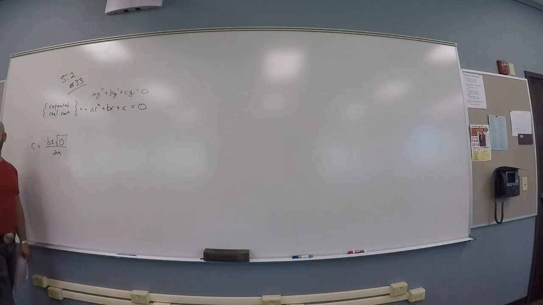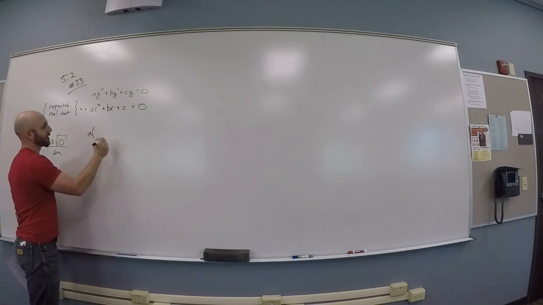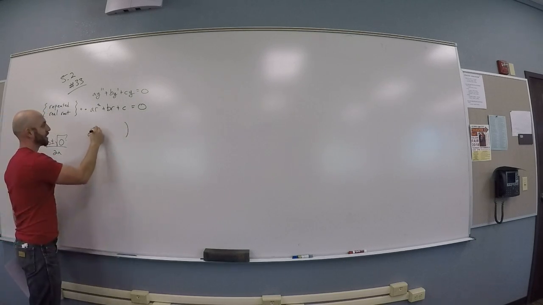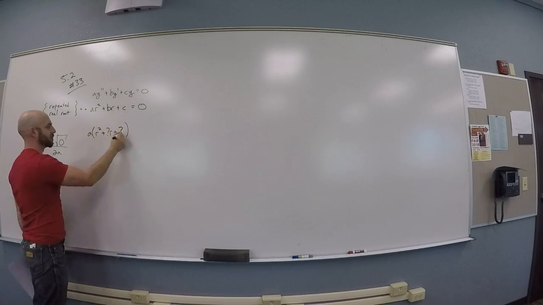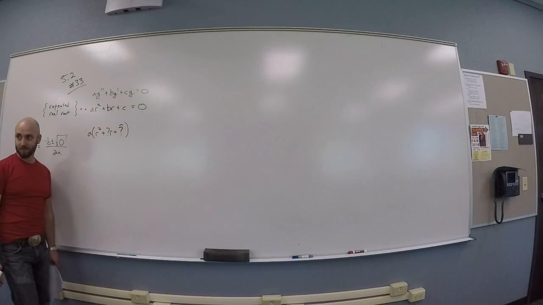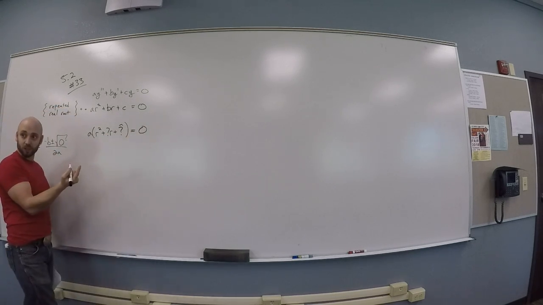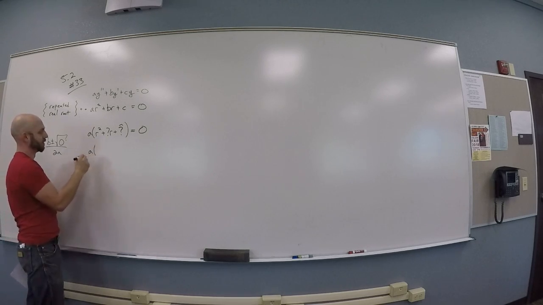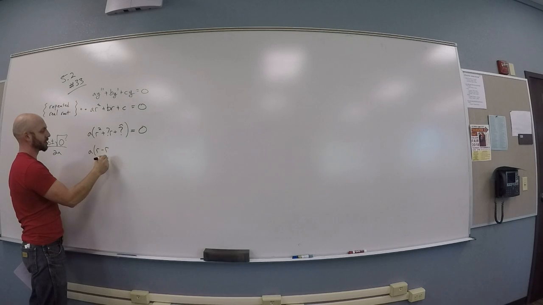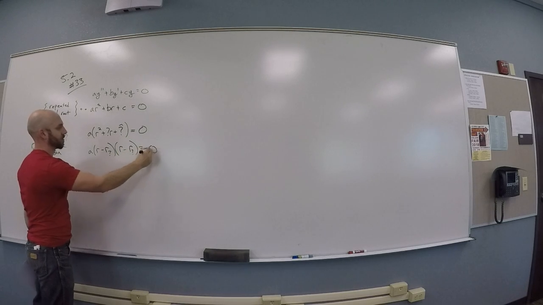You guys with me? Another way I could do this is to factor out an a, and then think to myself, that's r squared plus something r plus something else. In a good world, you can factor, so you'd get r minus something times r minus something is 0.